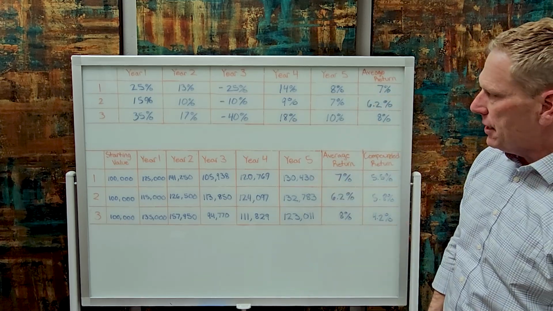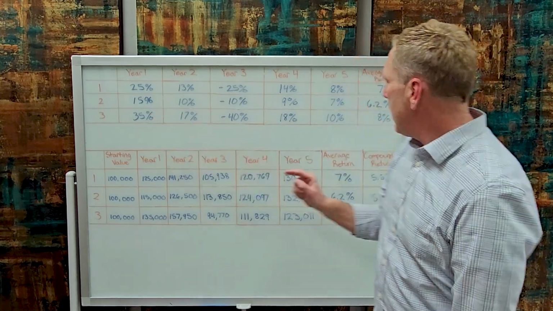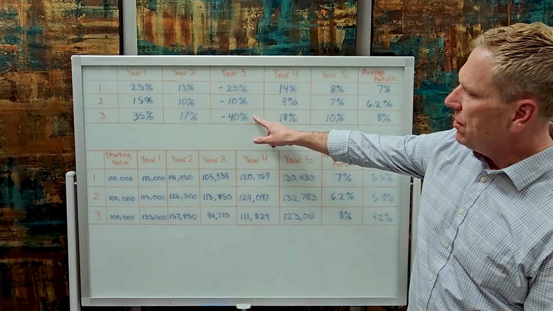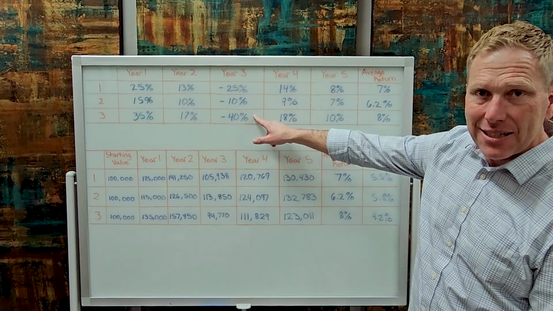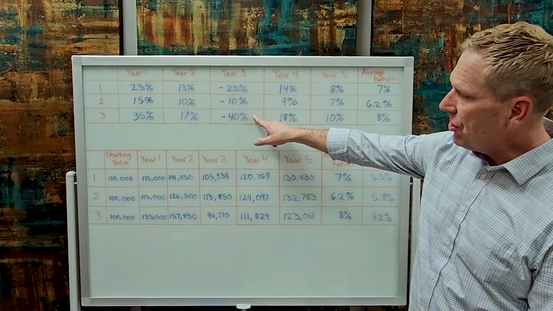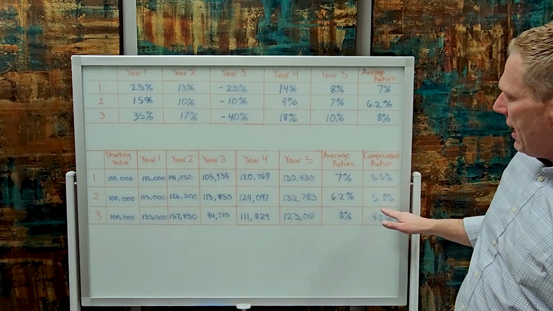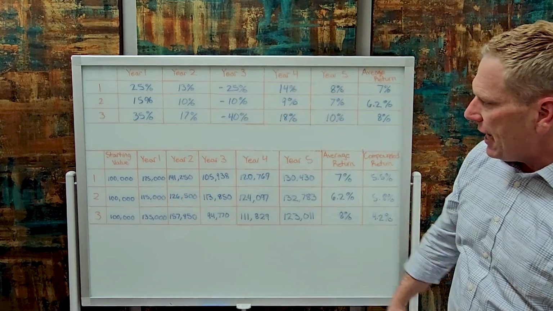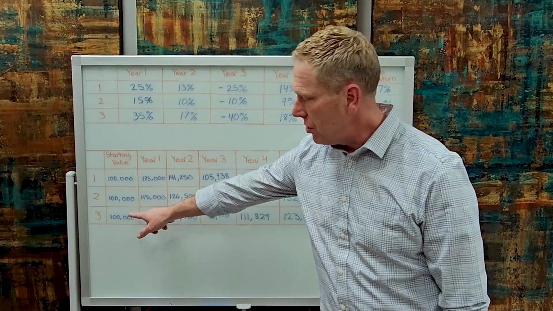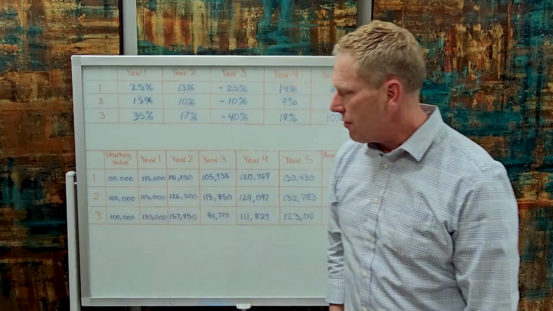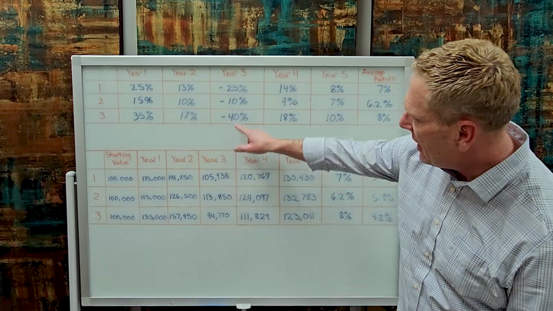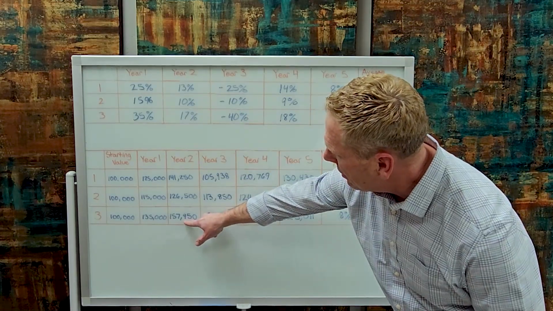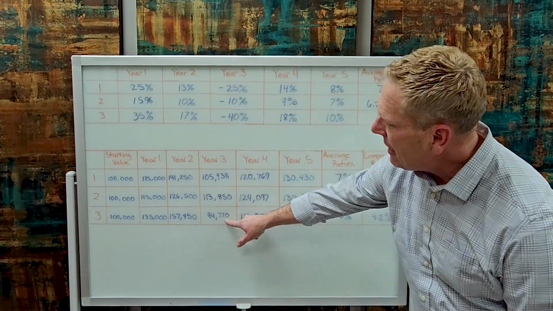So on this scenario that had an annualized return of 7%, you actually ended up with $130,000 on your investment. Scenario 3 that had the best annualized return, but had this volatility, this really bad declining year here, actually when you look at compounded returns and you look at dollars invested, it actually had the worst outcome in dollars. You started at $100,000 just like in the other scenarios, but because of the hit it took in year 3, you went from $157,000 to $94,000.